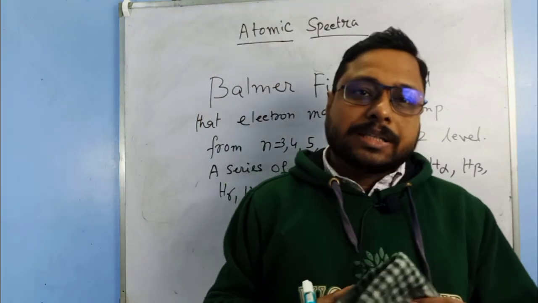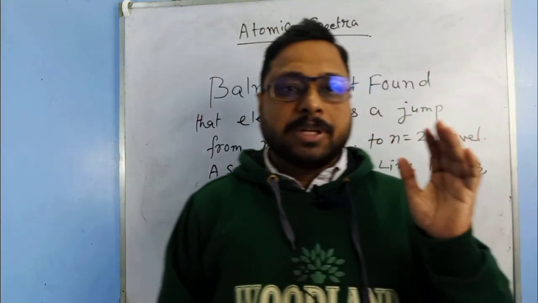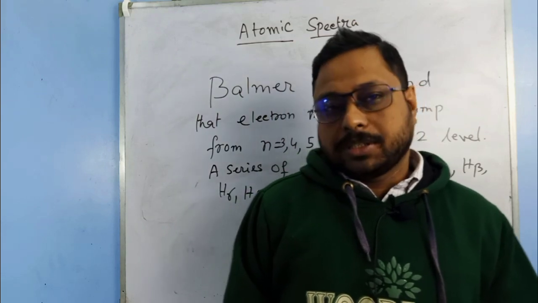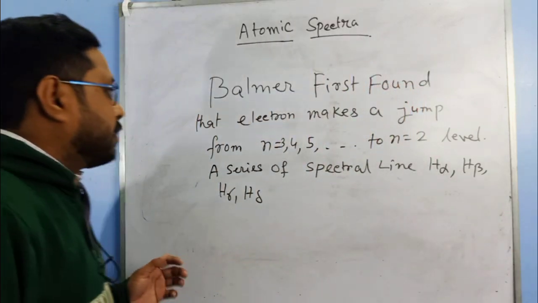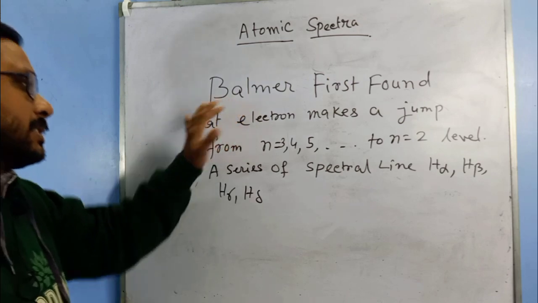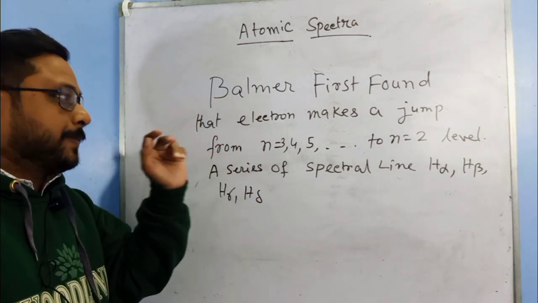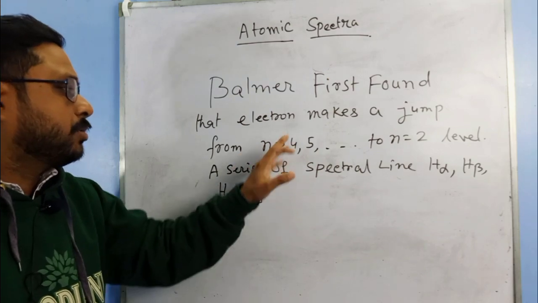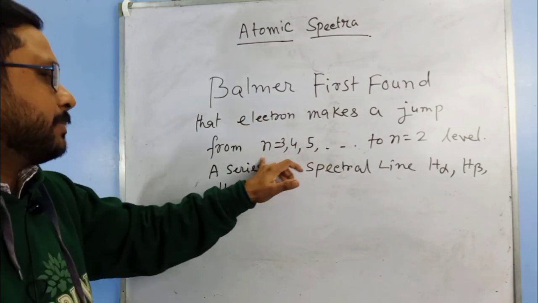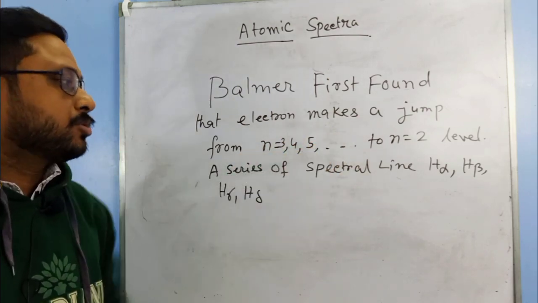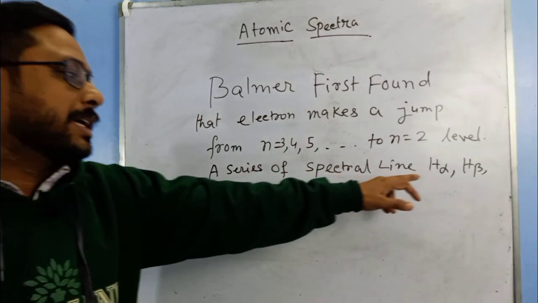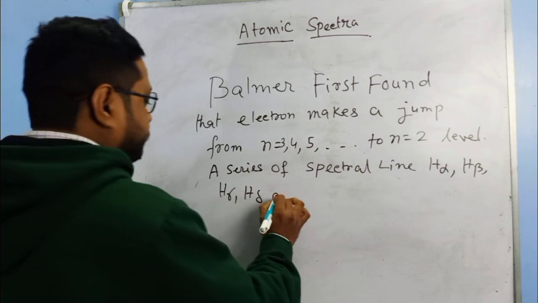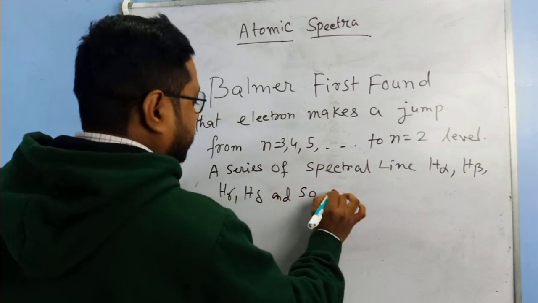As we know, the series structure starts from Lyman, Balmer, Paschen, Brackett, Pfund series, but the first one was found by Balmer. Balmer first found that the electron makes a jump from n equal to 3, 4, 5 to n equal to 2 level, and a series of spectral lines H alpha, H beta, H gamma, H delta and so on are found.